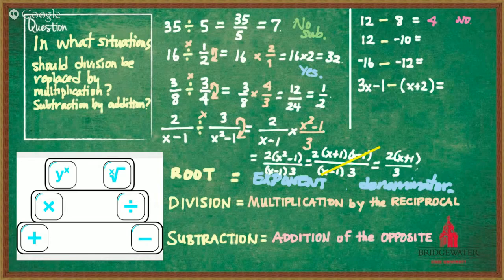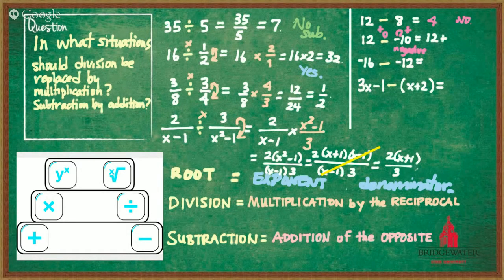But as soon as we move to a more complicated example where the second of my terms here, my subtrahend, the negative 10 in the next example, 12 minus negative 10, as soon as that is negative, as soon as I'm subtracting a negative quantity, that's probably a case when I want to replace subtraction with addition instead, and replace that subtrahend by its additive inverse.